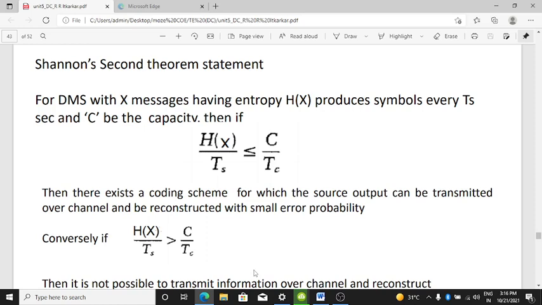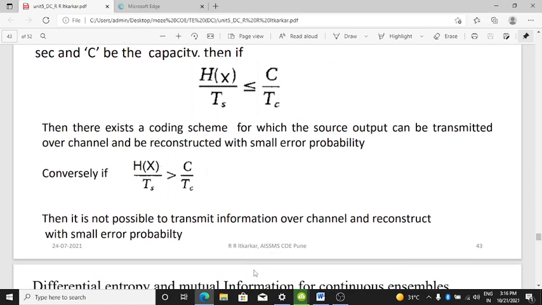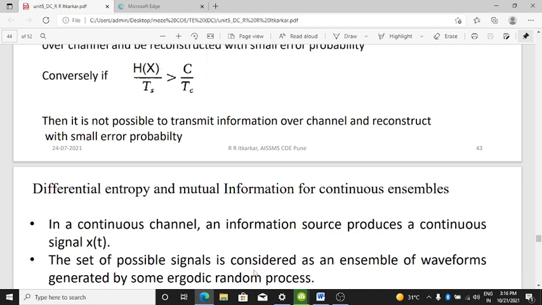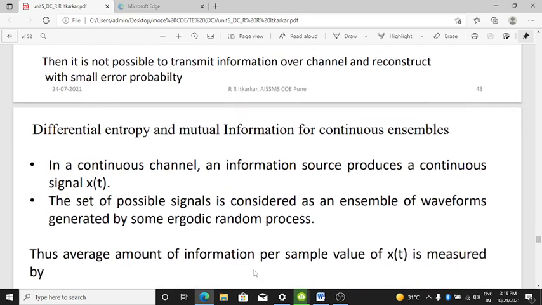Conversely, if H of X upon Ts is greater than C by Tc, then it is not possible to transmit information over the channel and reconstruct it with small error probability.